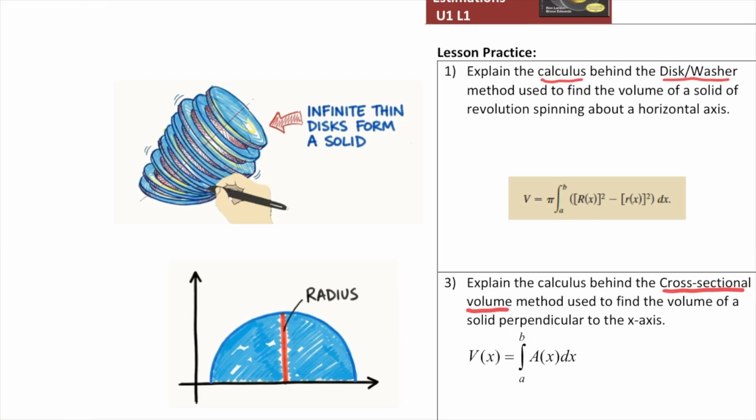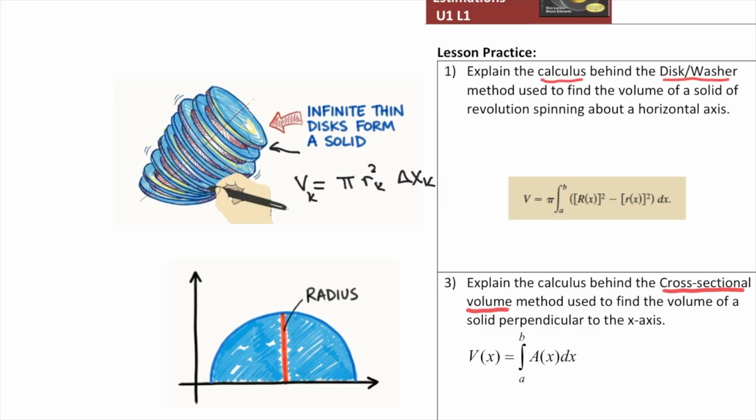So you've thought about the calculus behind the disk washer method. Essentially, to estimate a volume, we're going to slice a rotated region into thin circular disks. And we're going to take the volume of each of these disks, so that your volume is going to be the area, which is pi r squared for the radius of each disk, multiplied by the thickness, which is going to be your delta x sub k.